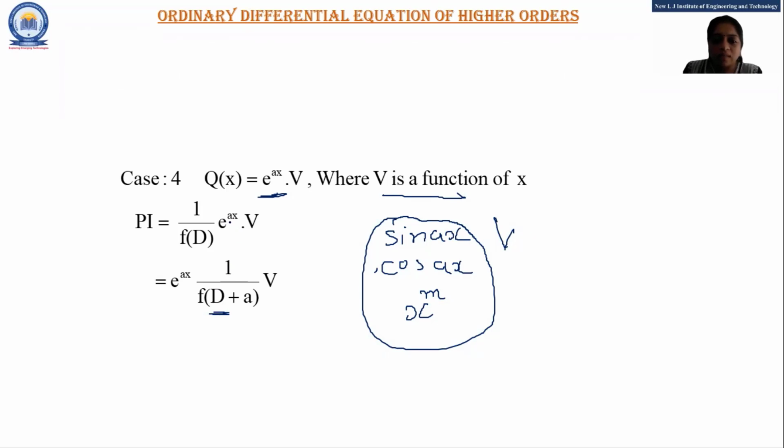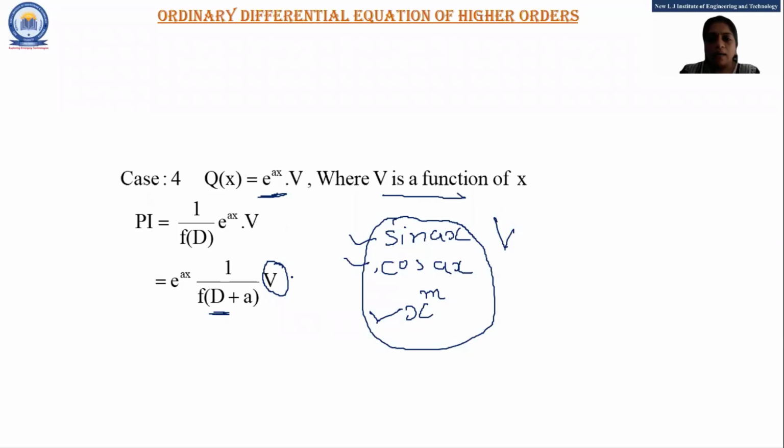Here multiple of x is a, so you have to add d plus a, right? Then you have to put your e raised to ax in the starting part. Then after simplification, whatever v is there, v is sine, v is cos, or v is x raised to m, you have to apply case 2 or case 3 according to whichever v has been given.